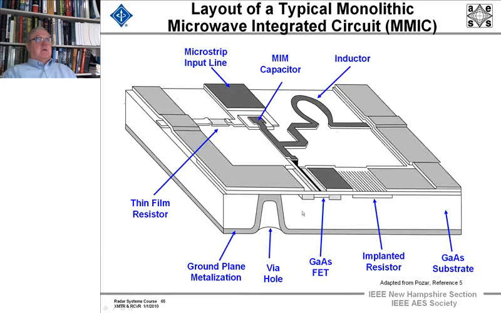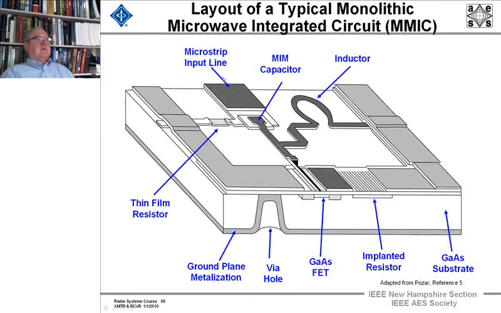Now when we look at the layout of a typical MMIC circuit, this shows you the kind of integration relative to what I just showed you, and this also is from Pozar. We've got, first of all, a ground plane that's metallized on, and then a gallium arsenide substrate, and then we have an implanted resistor, a gallium arsenide FET amplifier, a thin film resistor.